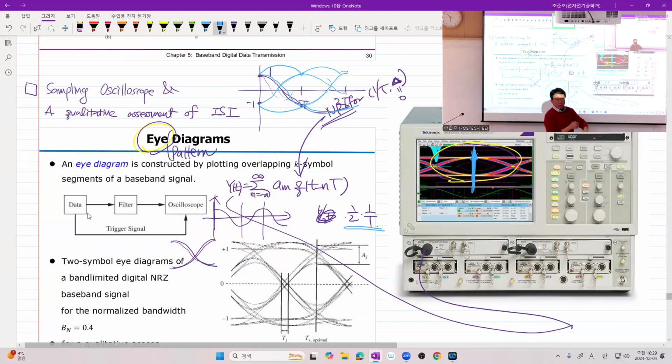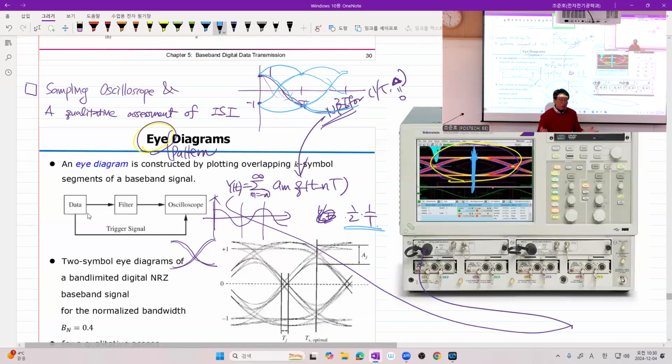So the eye diagram is an ingenious idea of using an oscilloscope, which is one of the most fundamental and old measurement equipment in electrical engineering, to assess the amount of intersymbol interference qualitatively, not exactly quantitatively. But if you just see the eye diagram, you can instantly see whether something is wrong or not.